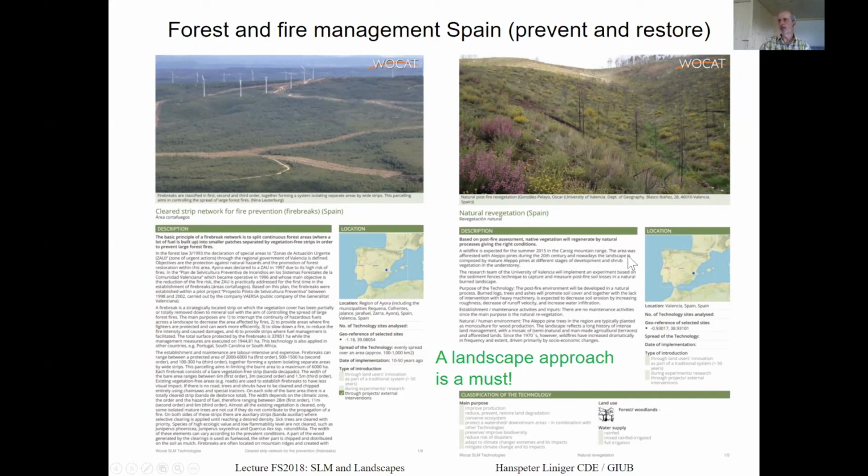The other one would be now on restoration, what's happening after a forest fire. Natural revegetation could be something that gives the least work to do. But again, you see the difference on this aspect, again, slightly changed compared to this one here. It's rather different.